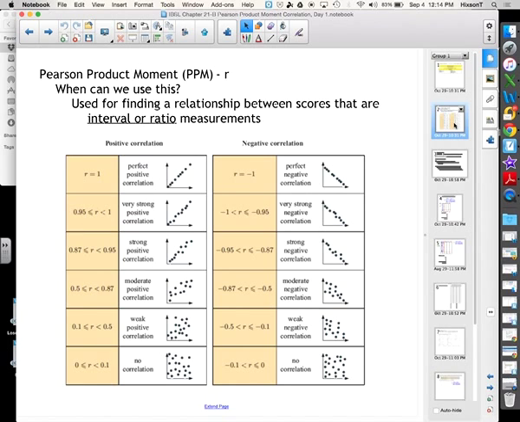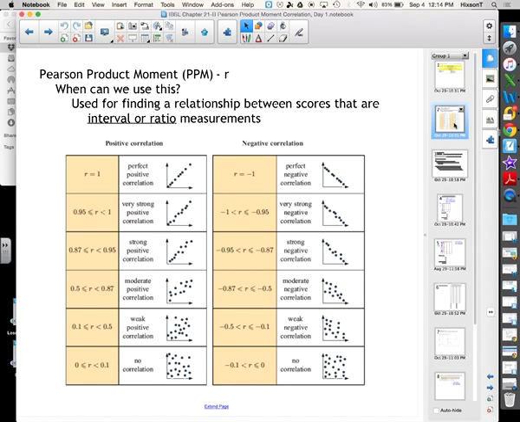You don't need to try to memorize these ranges, but just see that we can categorize them as very strong, strong, moderate, weak, and no correlation. And because 0 is basically impossible to get, they give us a range, like -0.1 to +0.1 is basically no correlation.